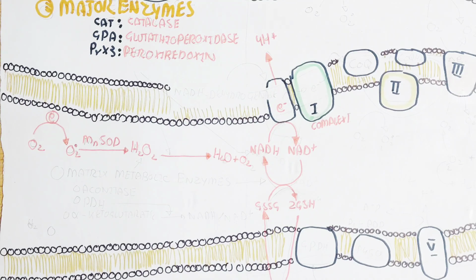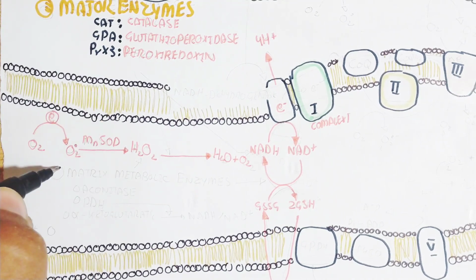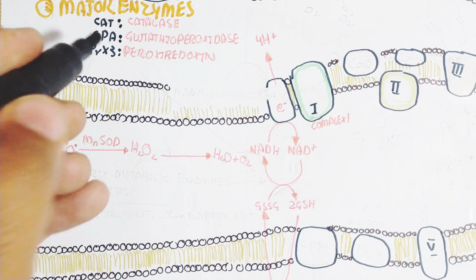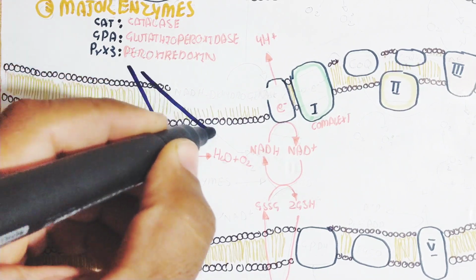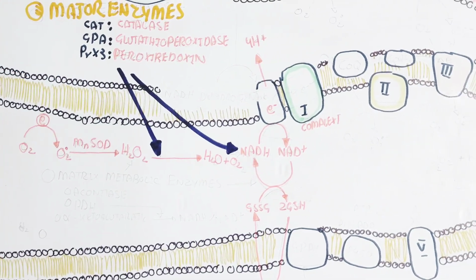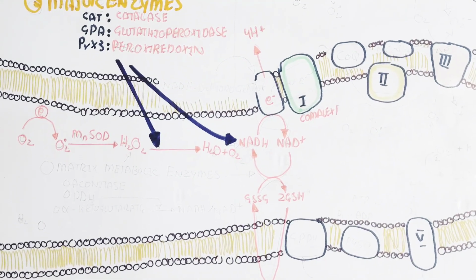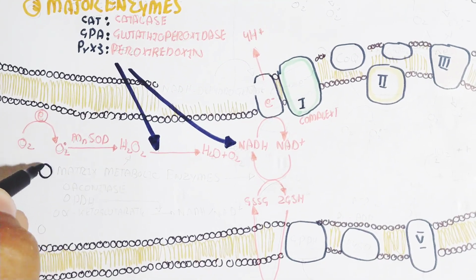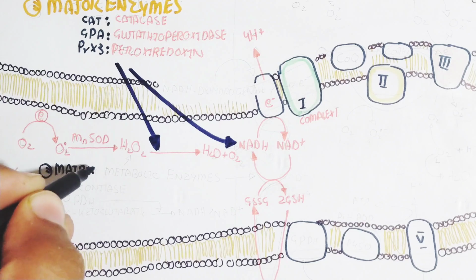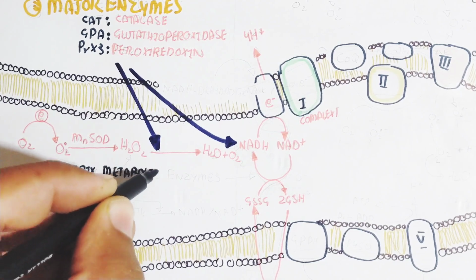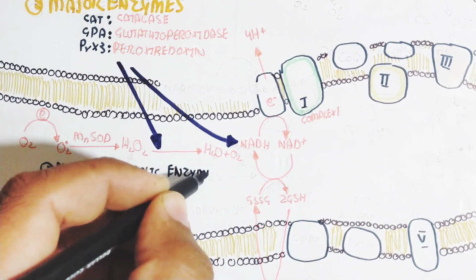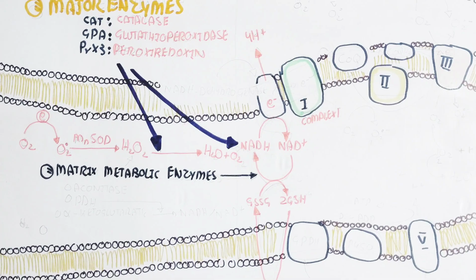For example, oxygen accepts an electron to become reactive, and the manganese superoxide dismutase enzyme converts it into hydrogen peroxide, which is still reactive but less so. Then these three enzymes convert it into water and oxygen.